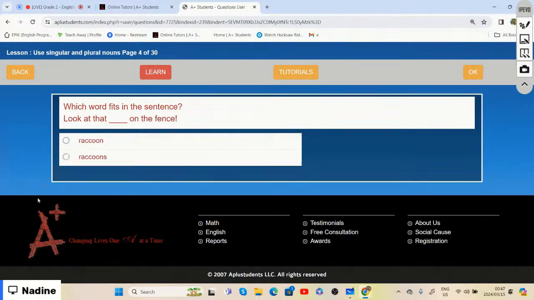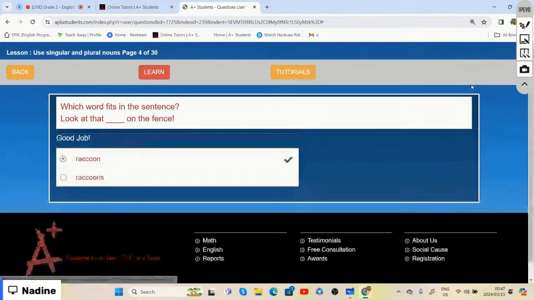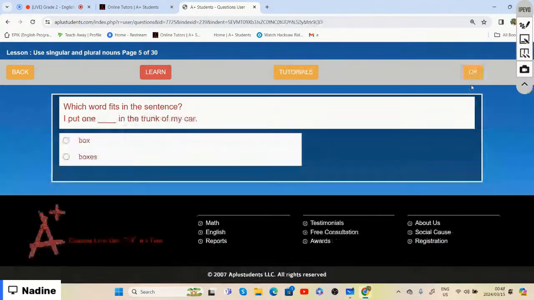But if we refer to it as more than one, then it will be raccoons, right? But at the moment, we just say, look at that raccoon, one raccoon on the fence. So well done. Raccoon we have.